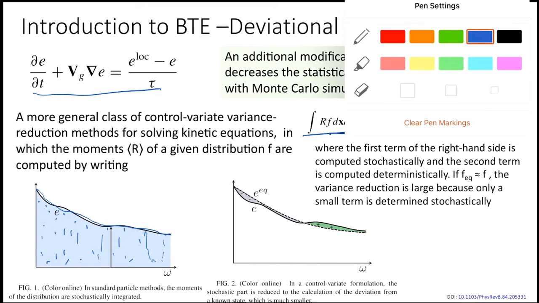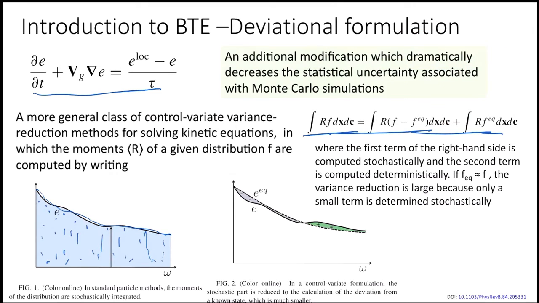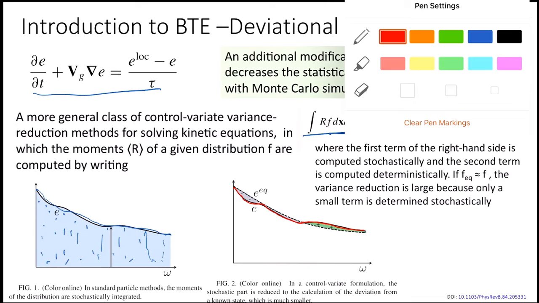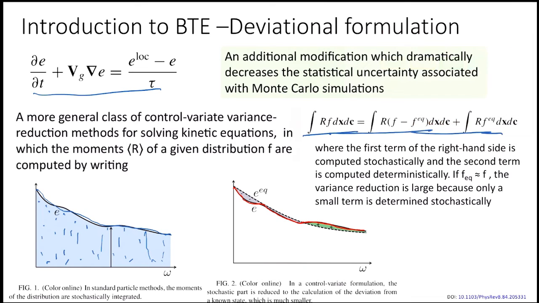Let me draw with maybe red color. Our final solution is the same as in the previous curve. But if we know what our equilibrium distribution is going to be, or we could approximate it by some number, let's say it would be somewhere around here.